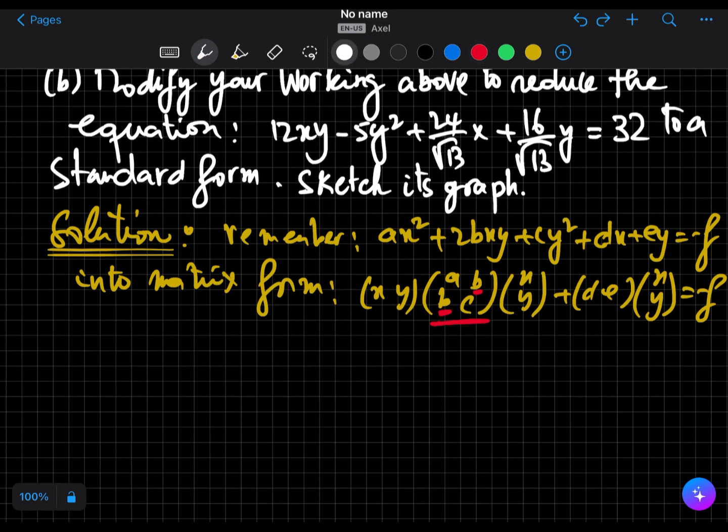Okay. Now, we have an equation in front of us, 12xy minus 5y squared equal to 36.